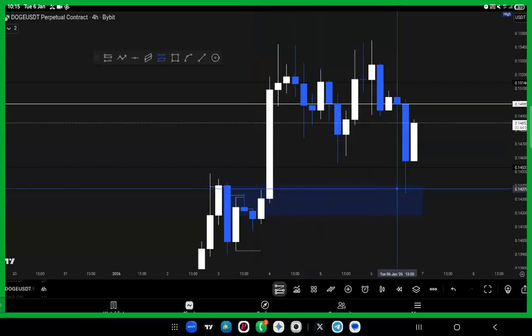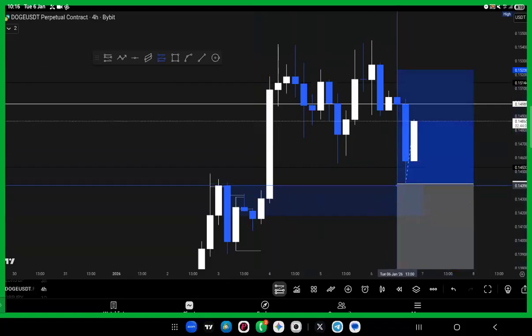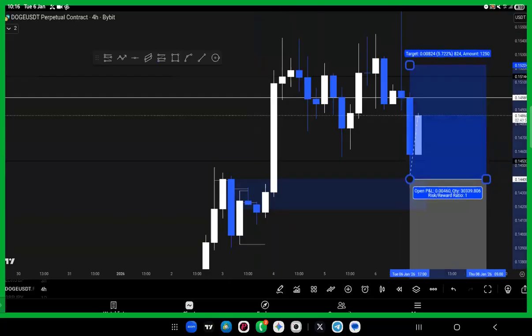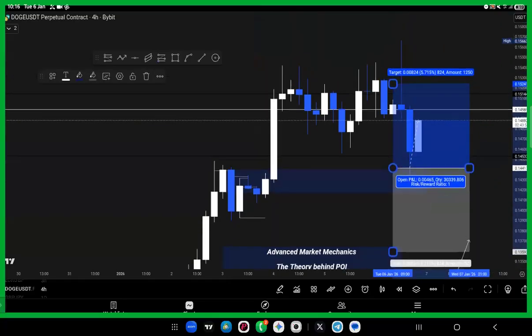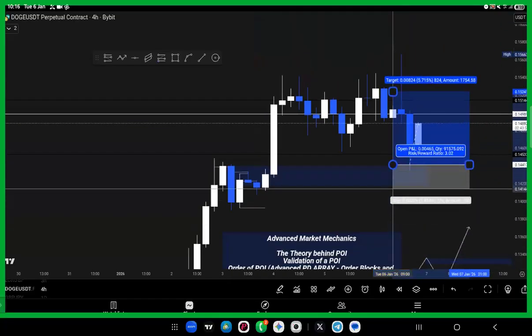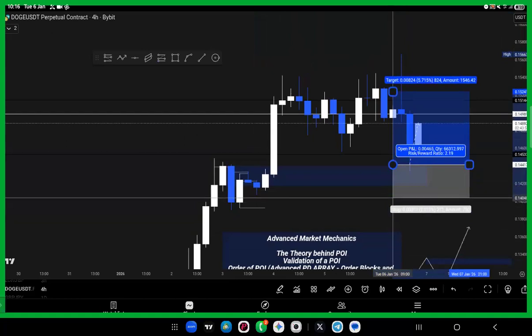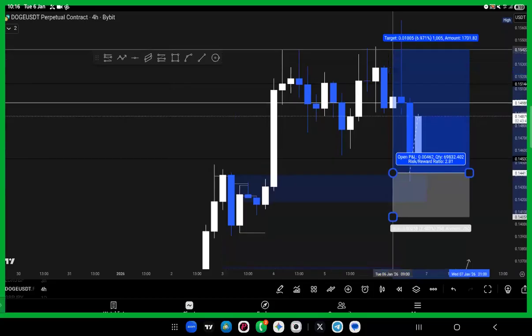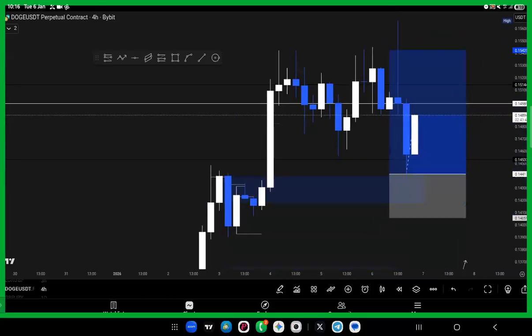My trade will not be like this, my stop loss will not be big like this. Most of the time you want to cover up this area, so the trade would give me just 1:2.